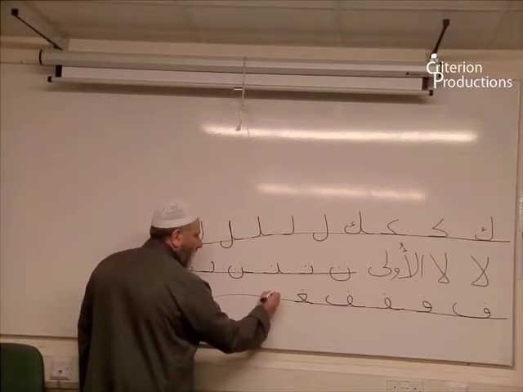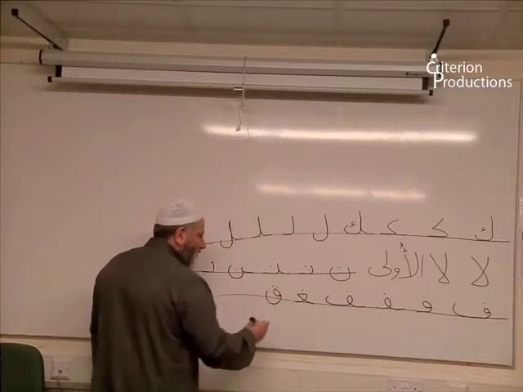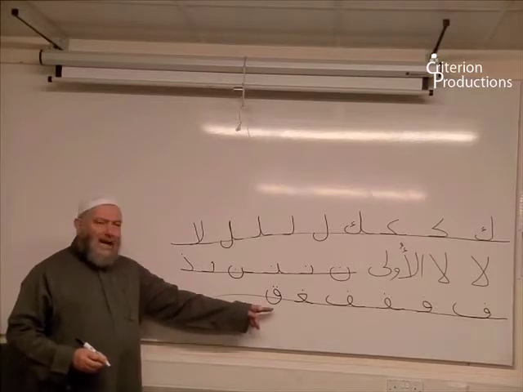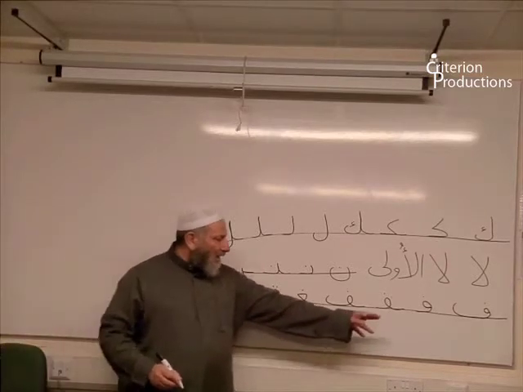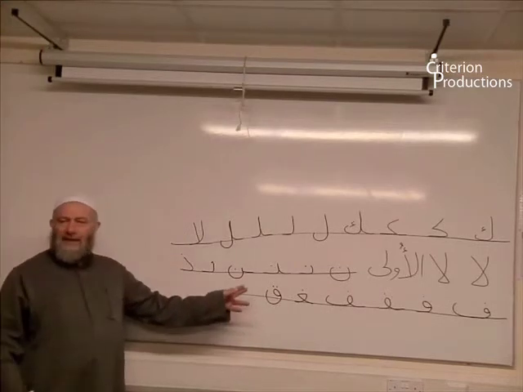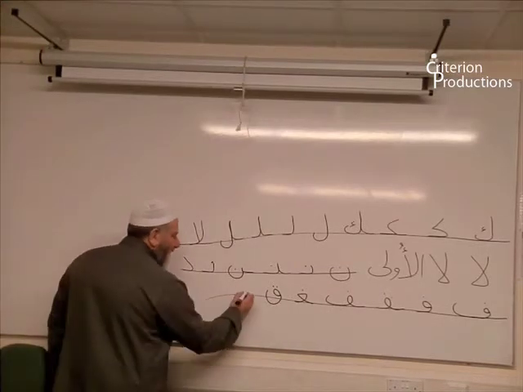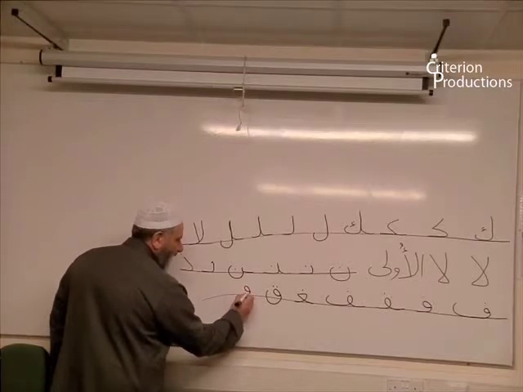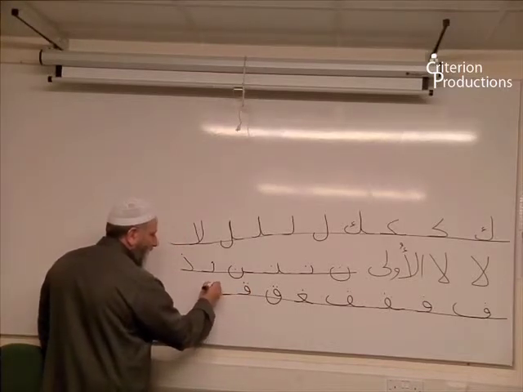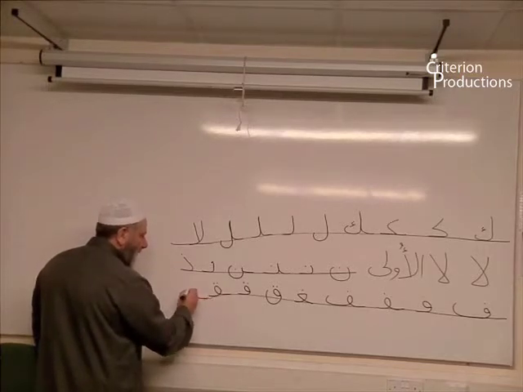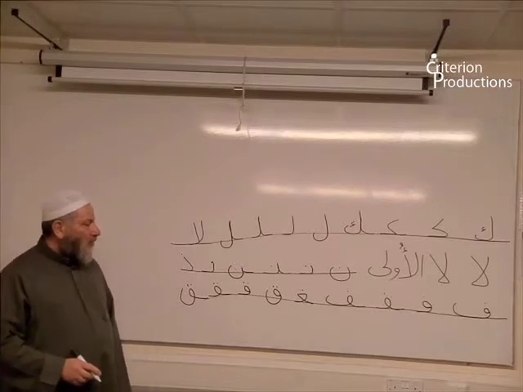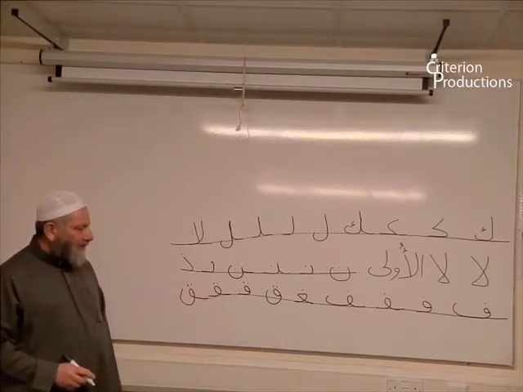It has 2 dots. The qaf is smaller and goes down the line. So the fa, as you notice here, is on the line, but the qaf goes down. At the beginning like this, in the middle like this, and at the end like this. So this is the fa and the qaf.